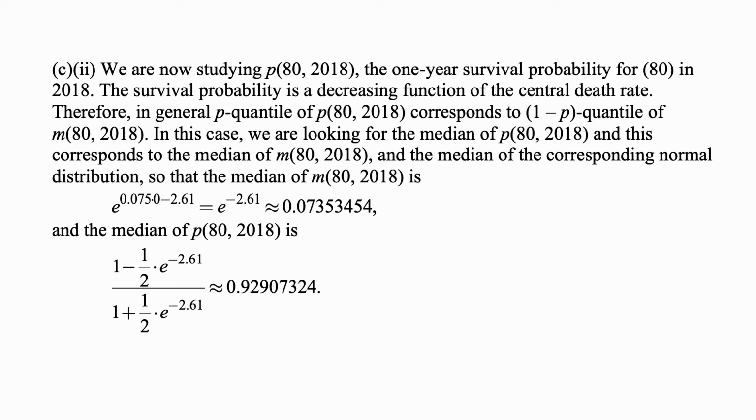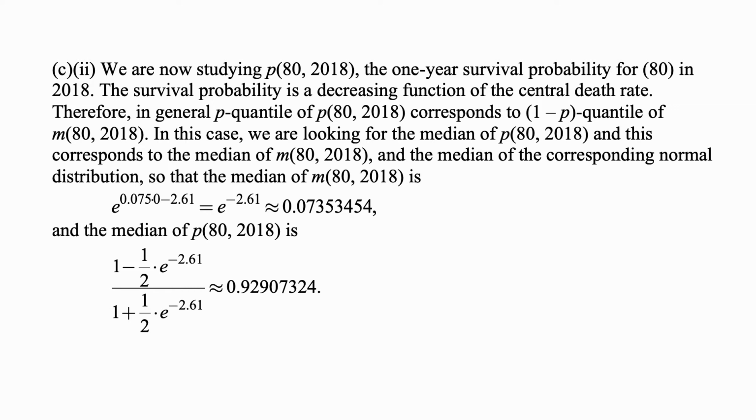So the median of M of 80 2018 is e to the 0.075 times 0 minus 2.61. So this is e to the minus 2.61, or approximately 0.07353454. And the median of P of 80 2018 is what you get when you replace the value of M by this value, e to the minus 2.61.